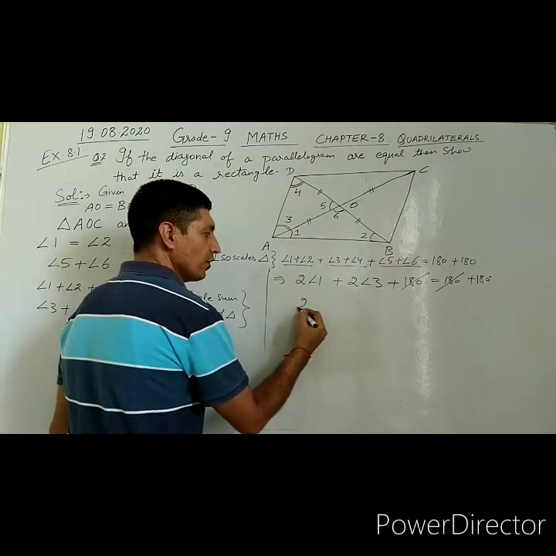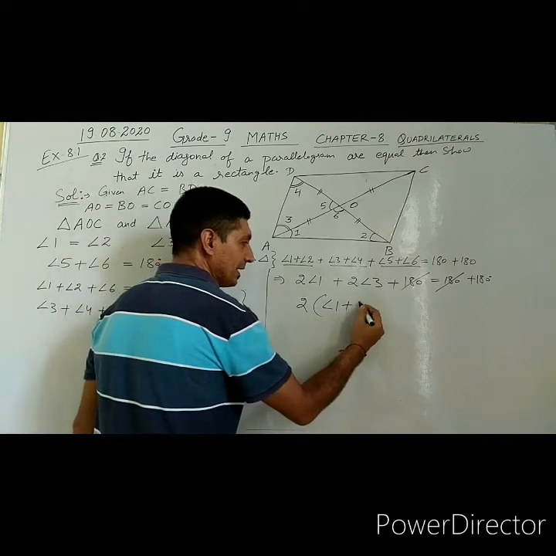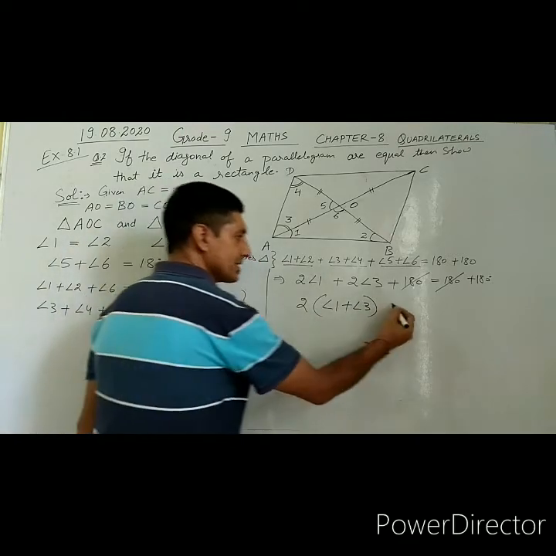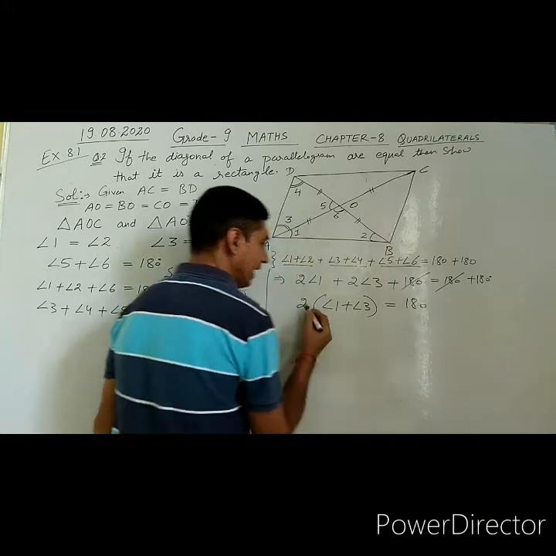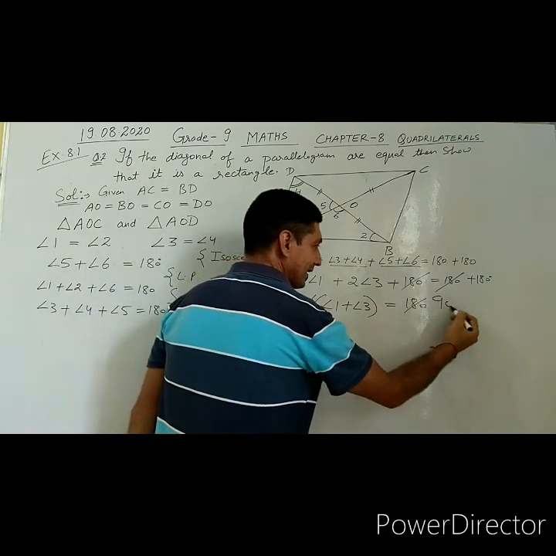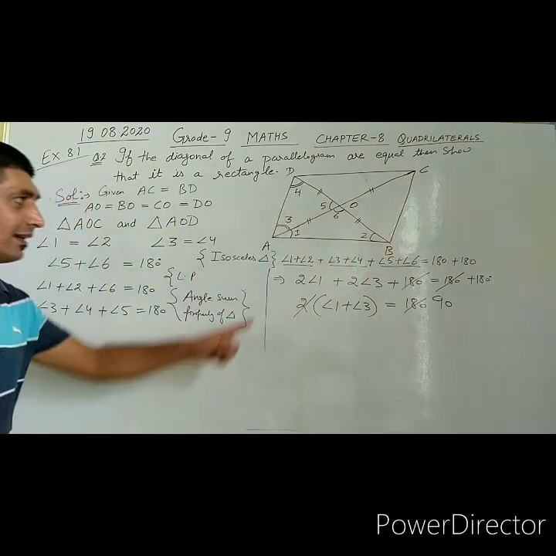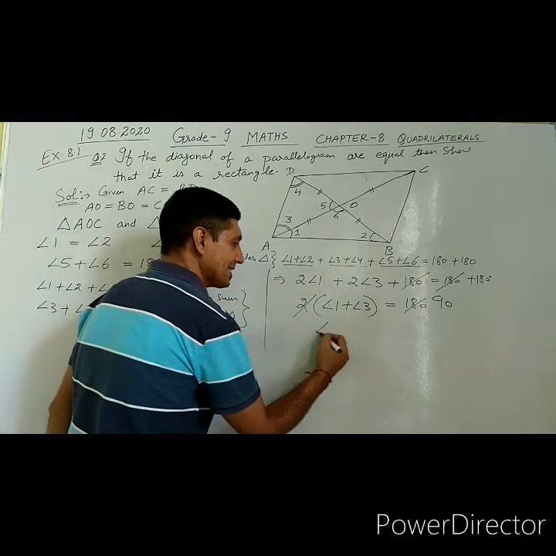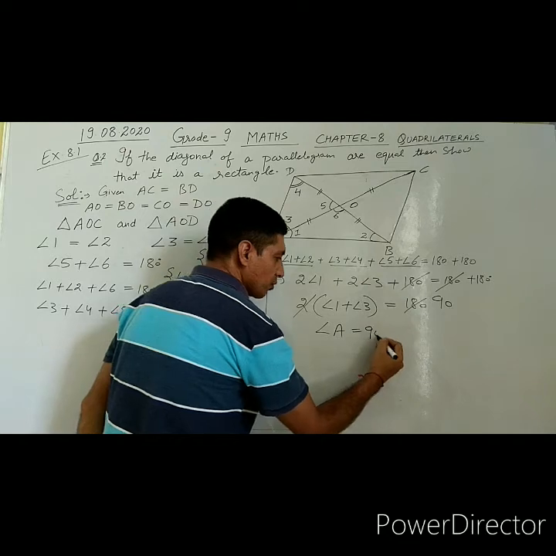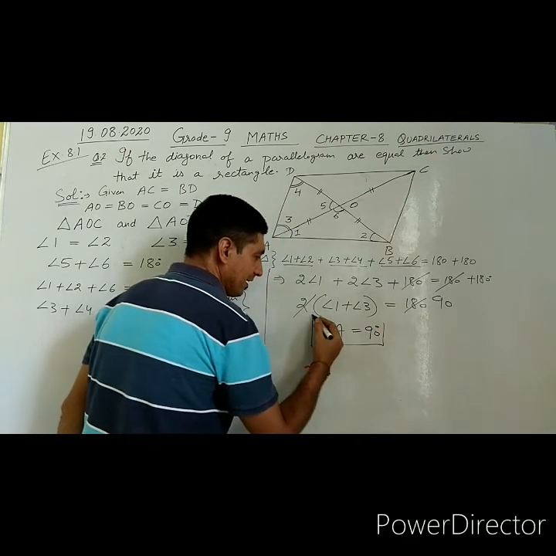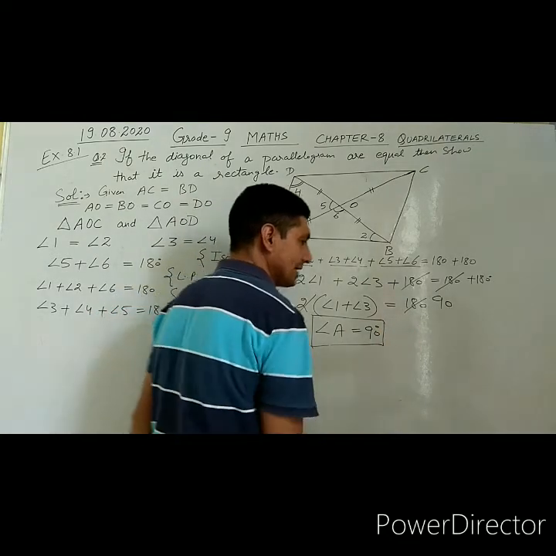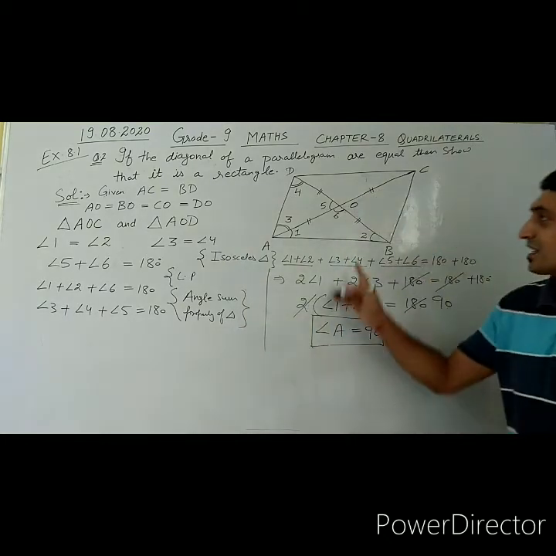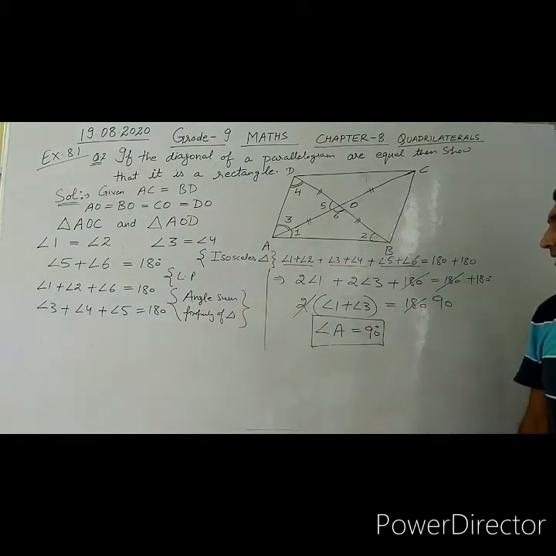So taking 2 common, angle 1 plus angle 3 is equal to 180 degrees over 2, that is 90. So therefore, what is angle 1 plus 3? Angle 1 plus 3 is angle A, which is equal to 90 degrees. If in a parallelogram one angle is 90 degrees, that means that parallelogram is a rectangle, right?